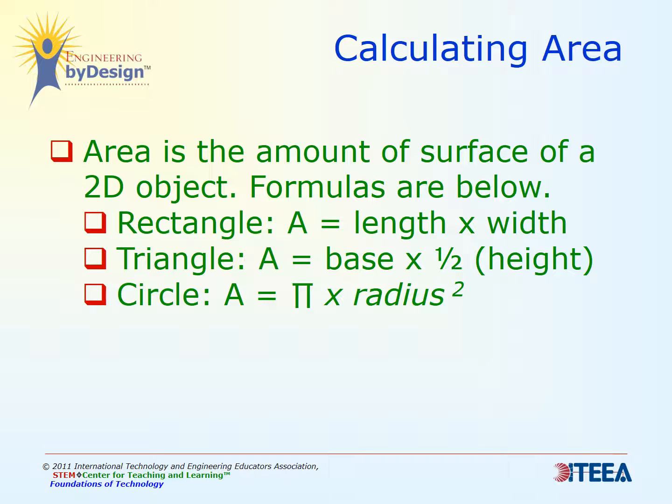For a triangle, area is equal to base times 1/2 the height. For a circle, the area is equal to pi times the radius squared. These are the normal formulas that you've been using in, I don't think you've had calculus yet.